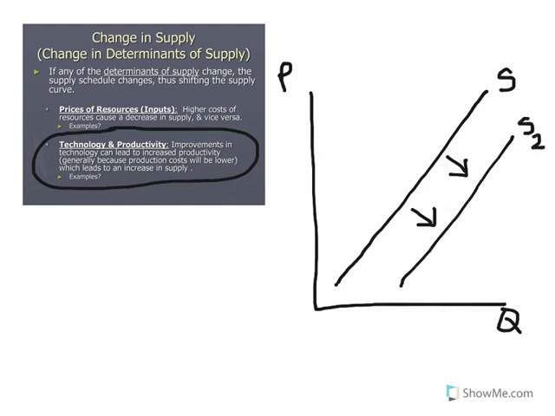So again, it just would not make sense to invest in new technology if it was going to make you less productive, because a firm wants to maximize its profits, not minimize its profits. So anytime I'm giving you a problem where the technology in the industry is improving, you can feel confident that what I'm looking for is a rightward shift of the supply curve, that the supply of the good would be increasing if that were to occur.